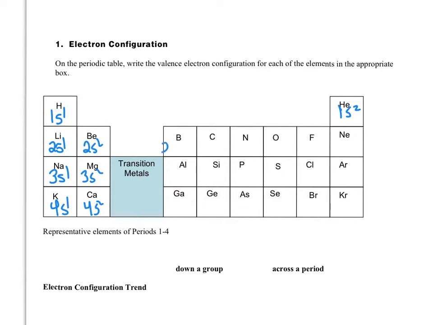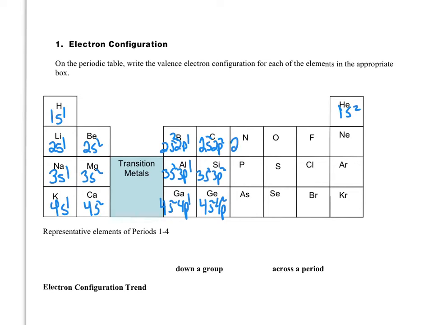And then this is 2s2, 2p1, 3s2, 3p1, 4s2, 4p1. Then 2s2, 2p2, 3s2, 3p2, 4s2, 4p2.